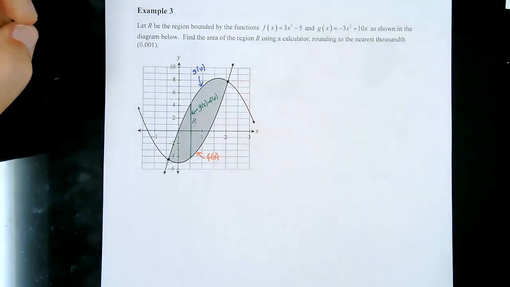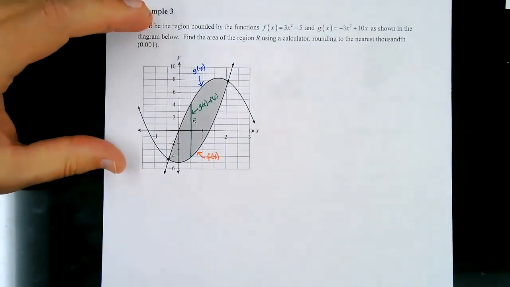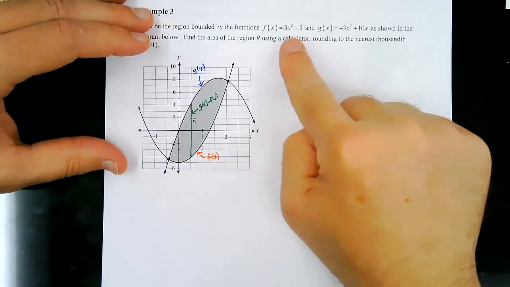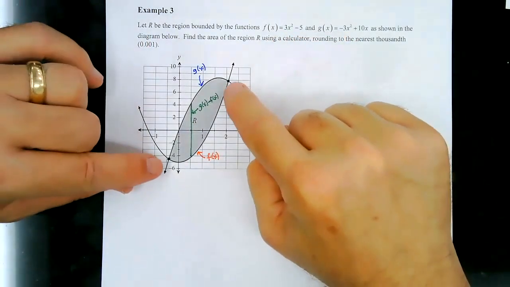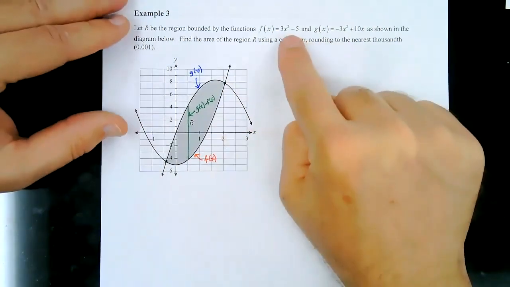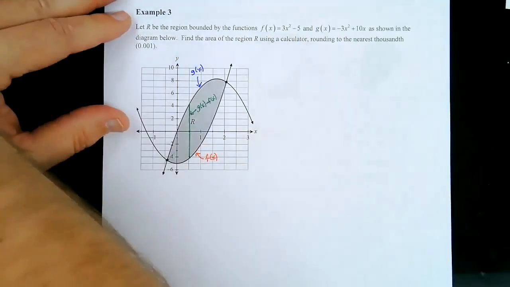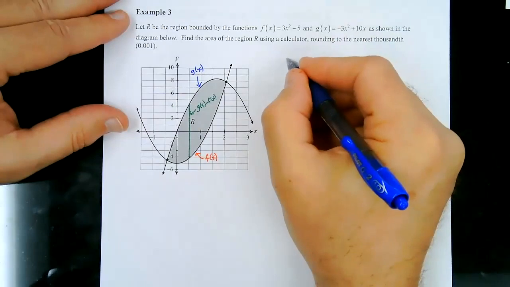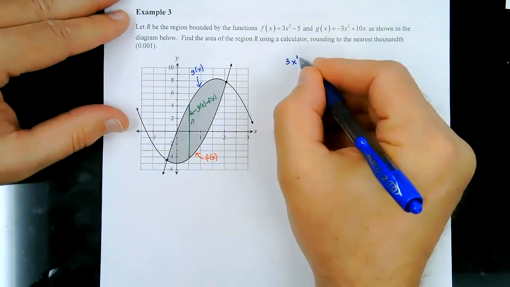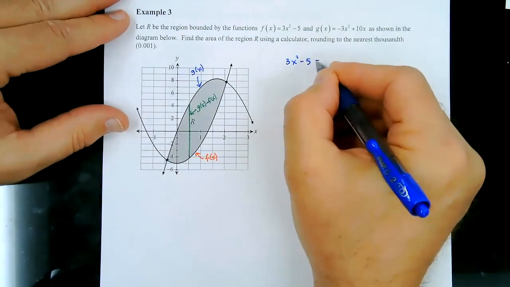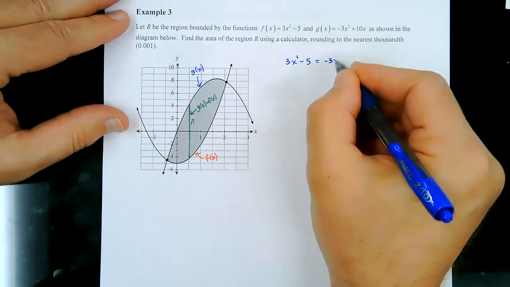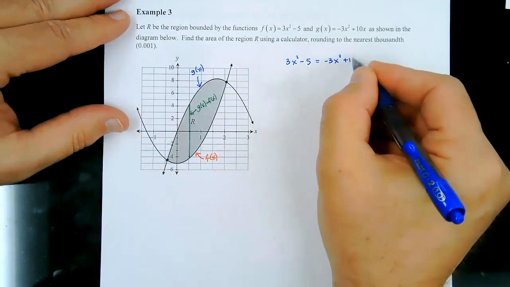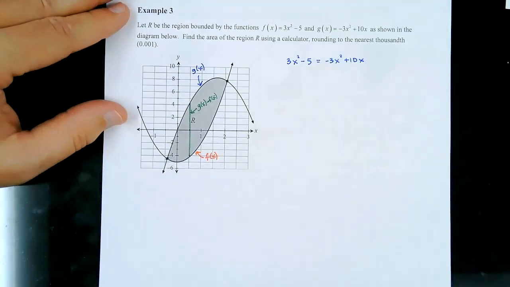You can use it. All right, so now, okay, we know that these two functions equal each other where they intersect, right? So we need to write this equation, all right? We're going to write the equation 3x squared minus 5 has to equal negative 3x squared plus 10x.